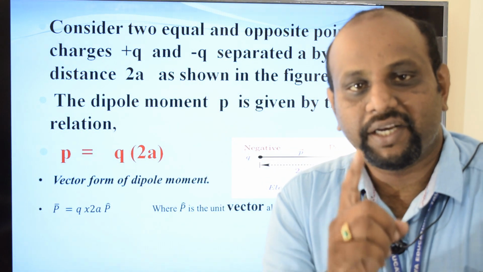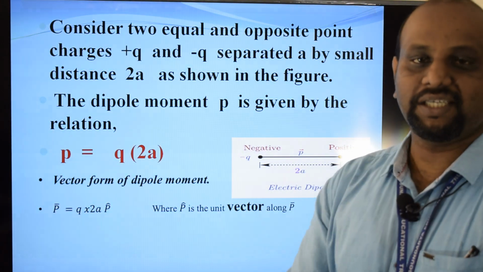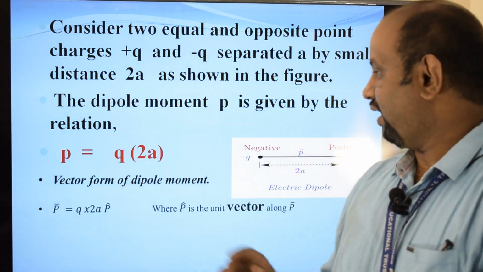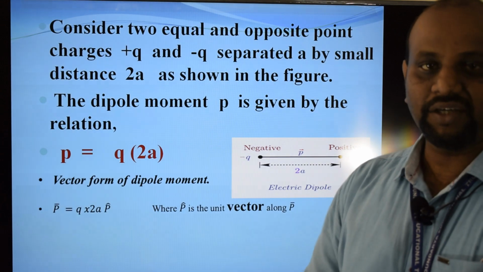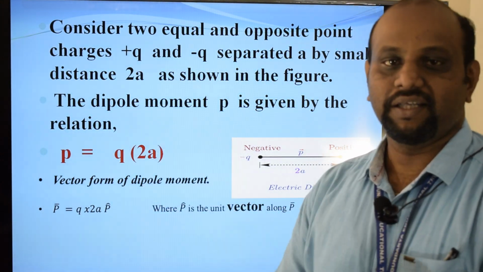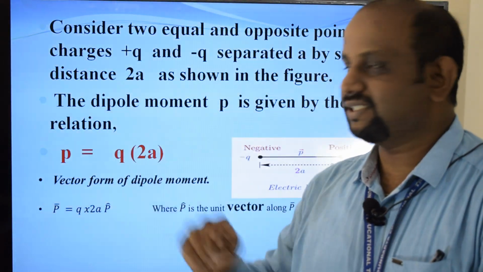Q is the magnitude of any one charge, positive or negative, considered as a magnitude, and 2a is the distance between the two charges. This product of q and 2a is called the dipole moment and it is denoted by the symbol p.